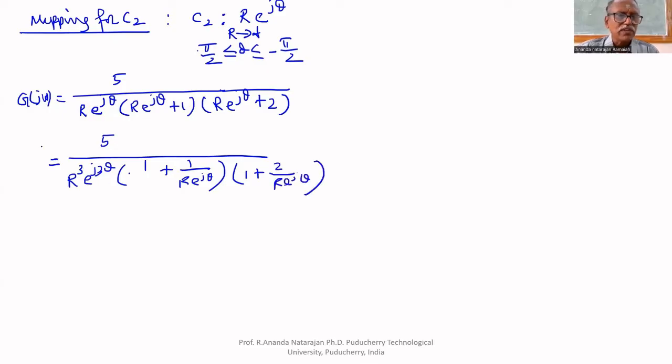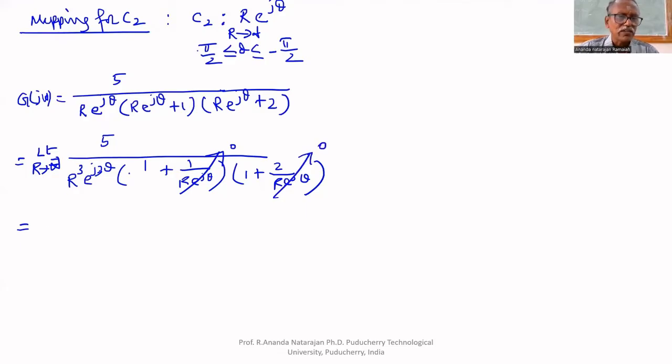As R tends to infinity, here we have to include that limit, this tends to 0, this also tends to 0, and only this alone is there.